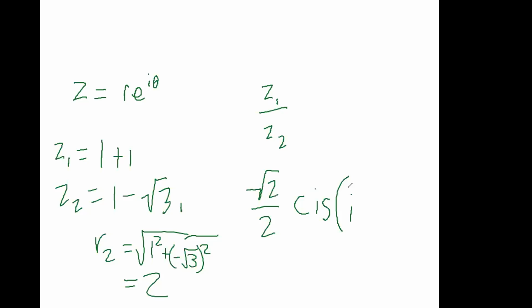So theta 1 would be tan inverse of 1 over 1, which is the tan inverse of 1. I don't know what that is, because 1's not on the unit circle. It's 0.7853987.